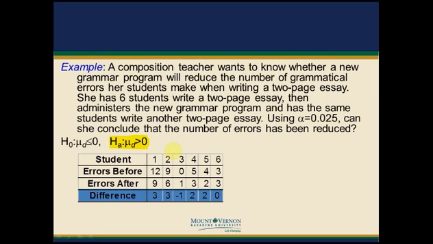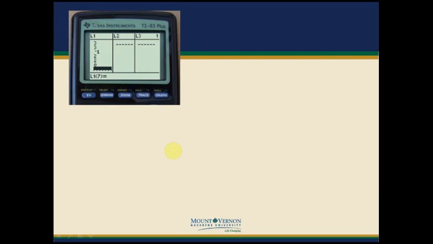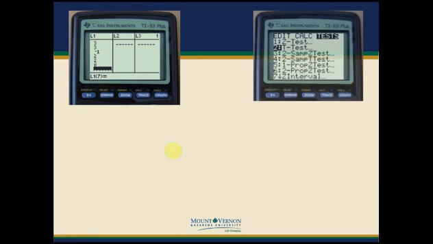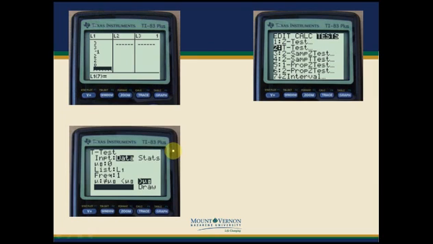And what I get is, where am I? Oh, here they are. So there are the differences. And then I use just a plain t-test. And there's what the input looks like. Notice that I'm using greater than mu0 because my alternative hypothesis was that mu sub d, the average difference, was greater than 0.